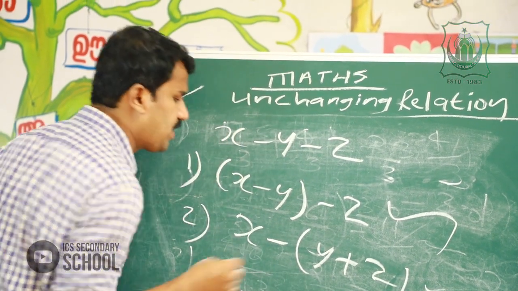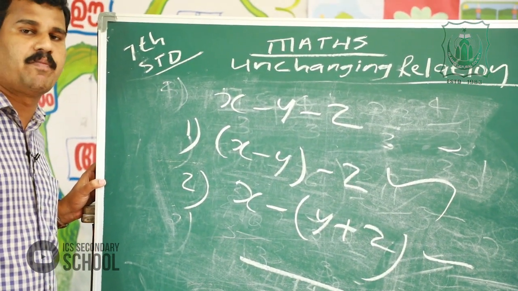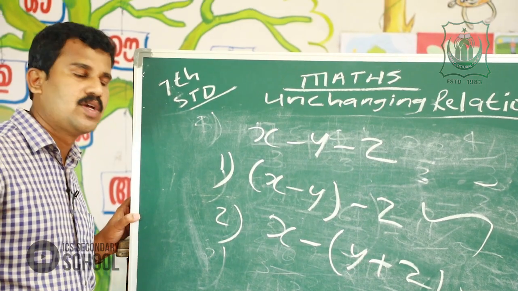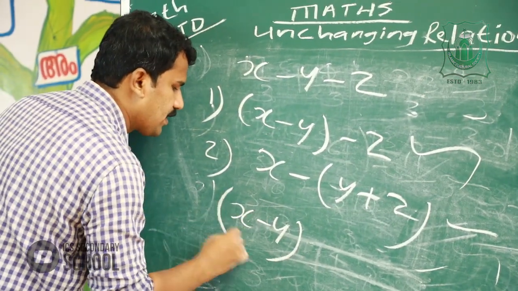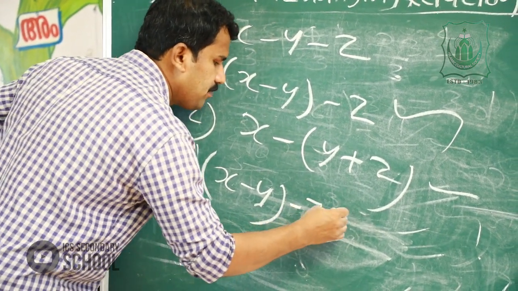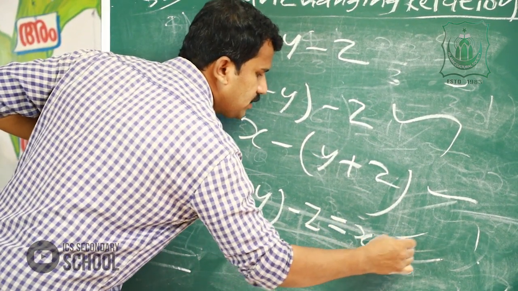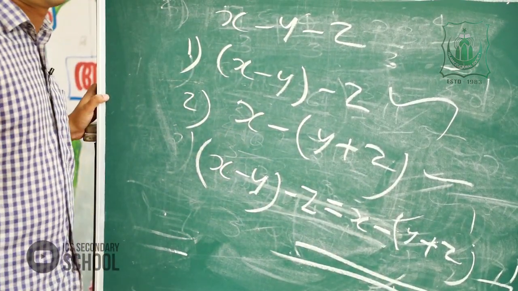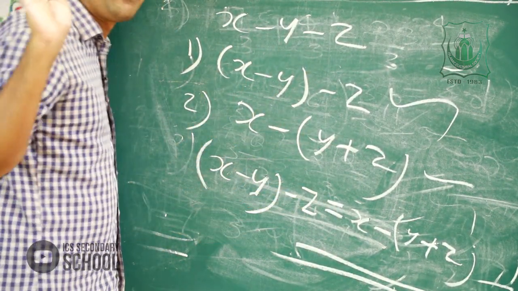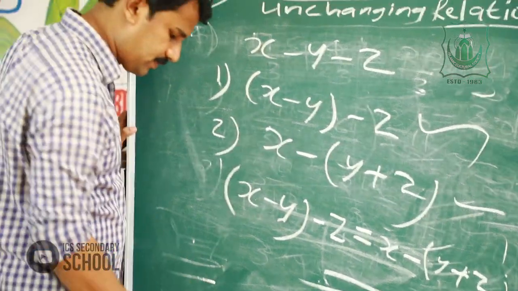The answers of the two methods are the same. So we can write x minus y minus z is equal to x minus y plus z. Got it?